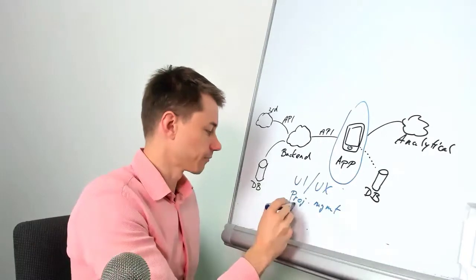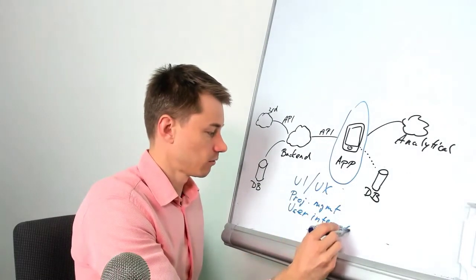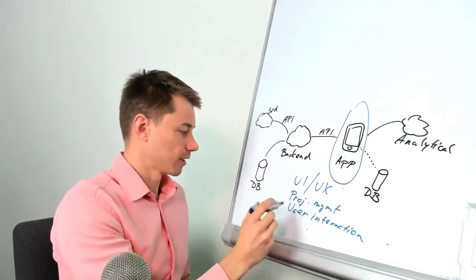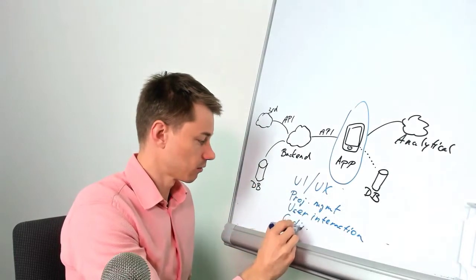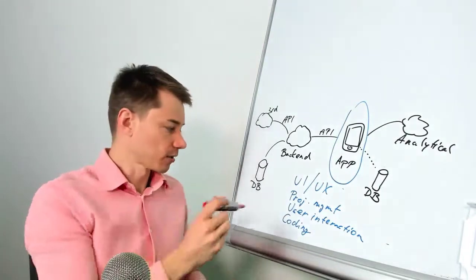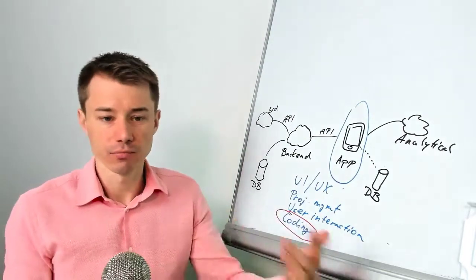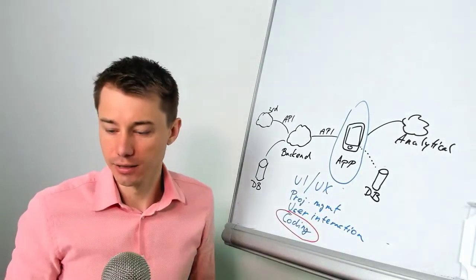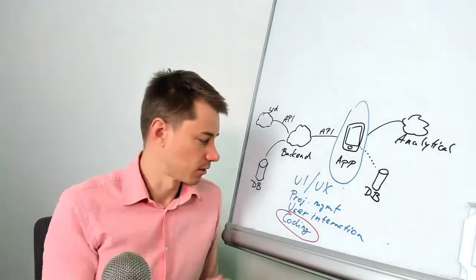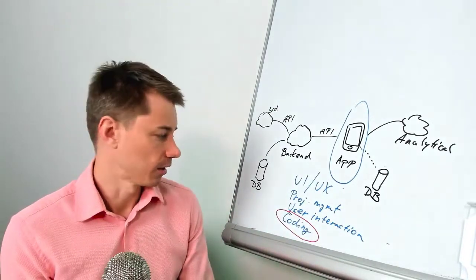It could be user interaction, like obviously coding, but the coding is just the base. Okay, so the way I look at it is the coding is what any junior developer can learn. A junior developer can learn to code mobile apps within maybe 6 months, maybe within a year.